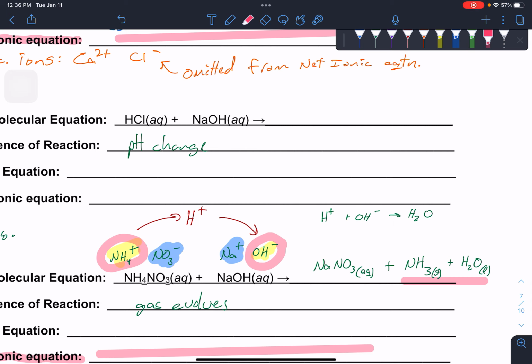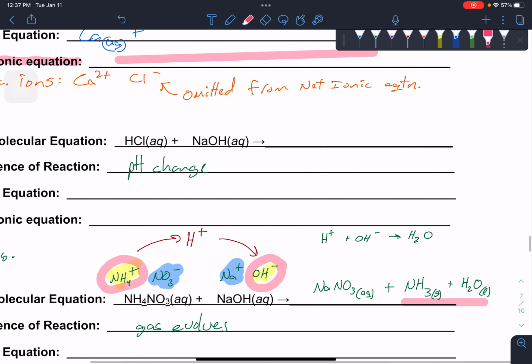Now, in this example, same song and dance. These double replacement reactions are very repetitive. You're just turning the wheel. It's the same thing over and over again. It's just that the outcome varies depending on whether it is an acid-base reaction or a precipitation reaction.